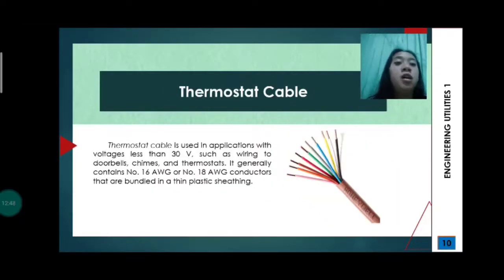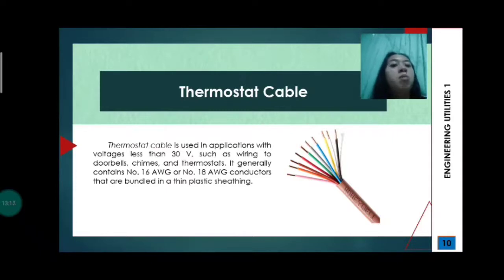And last is thermostat cable. Thermostat cable is used in application with voltage less than 30 volts, such as wiring to doorbells, chimes, and thermostat. It generally contains number 16 AWG or number 18 AWG conductors that are bundled in a thin plastic sheeting.